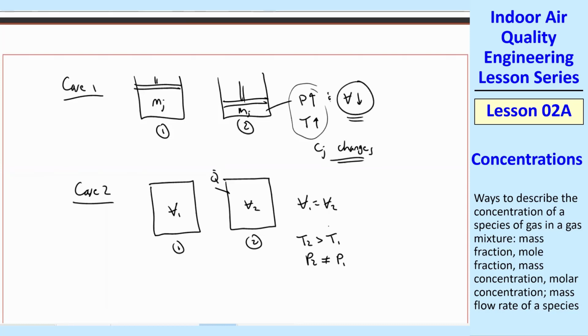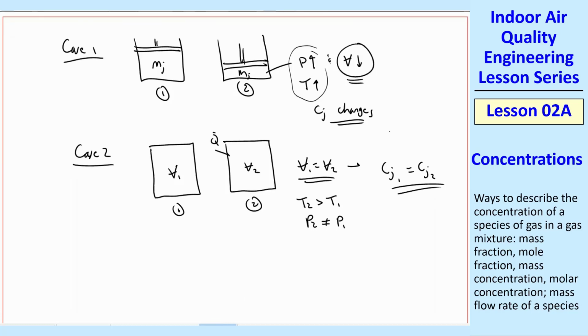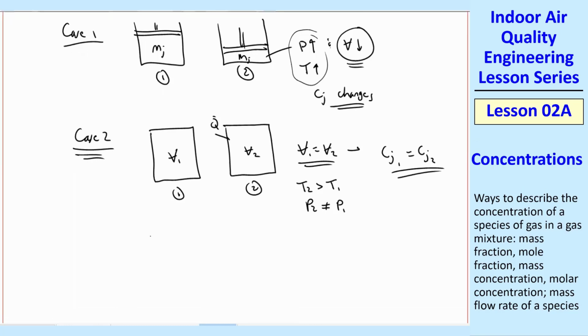We can change the pressure and temperature in that tank, but as long as the volumes remain the same, then Cj1 equals Cj2. So in this case, it's not directly dependent on pressure and temperature. It's dependent on volume, but sometimes the temperature and pressure can change such that the volume stays the same, as in this case too. So you really can't say that it depends on pressure and temperature.